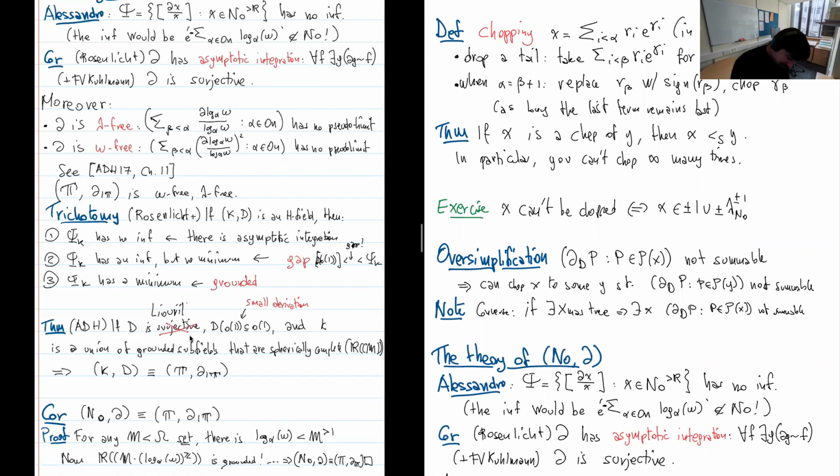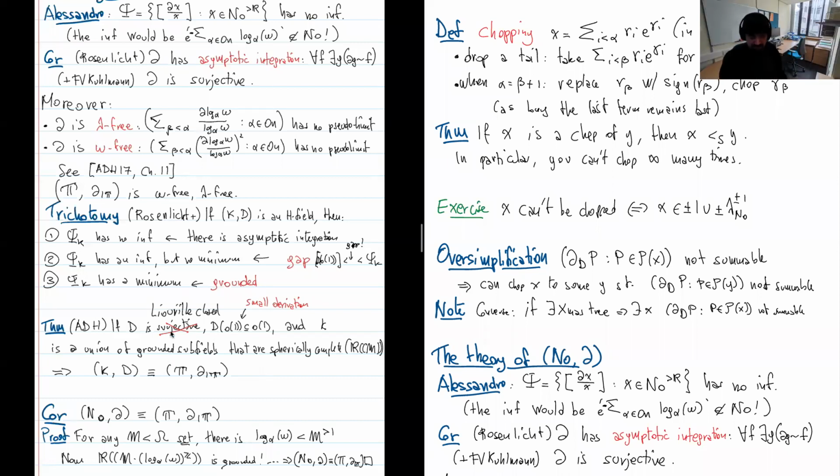So you want this to be UV closed, which is stronger than being surjective. So you can do integrals and logarithmic integrals, and also exponential integrals. But then also maybe there is something else. I mean, in principle, as it's stated, this could be the trivial union with just one field.